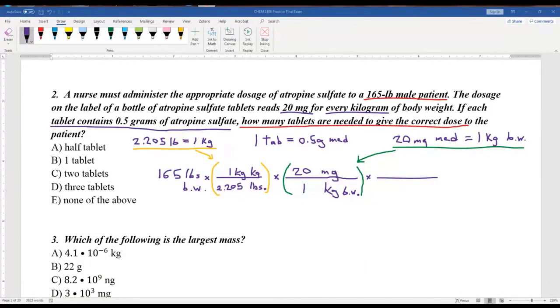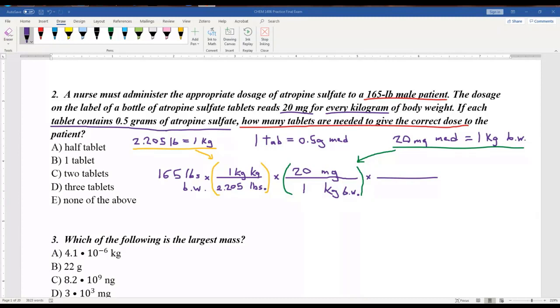Oh, yeah, you can use 2.2, that's fine. Sometimes they'll write 2.2, sometimes they'll be like 2.20, because the full number is actually 2.2046. So, it doesn't have to be perfect, especially in a case like this where you're actually looking at whole numbers. 2.2 is perfectly fine. Okay, thank you.